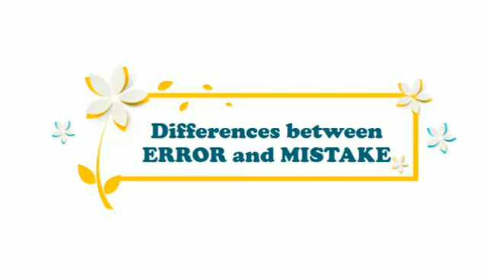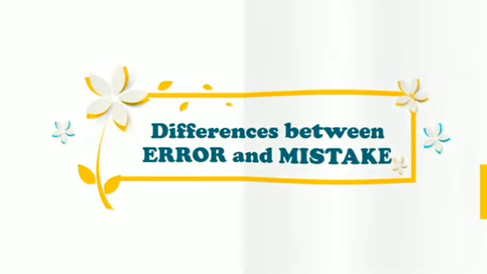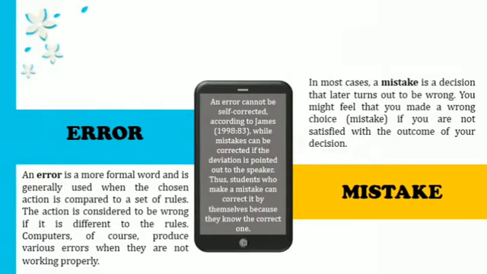The next is differences between error and mistake. Error. An error is a more formal word and is generally used when the chosen action is compared to a set of rules. The action is considered to be wrong if it is different to the rules.